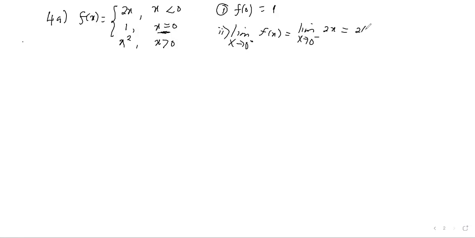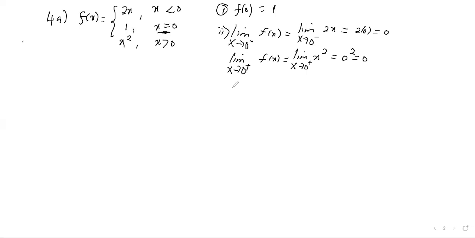So this will be 2 times 0, which is equal to 0. And also find the limit as x approaches 0 from right of f. The piece we pick now is the one that has x greater than 0. So we have 0 squared, which is equal to 0.